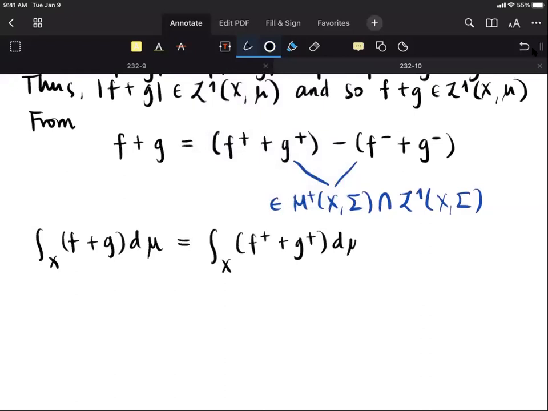d mu minus the Lebesgue integral of f minus plus g minus d mu.